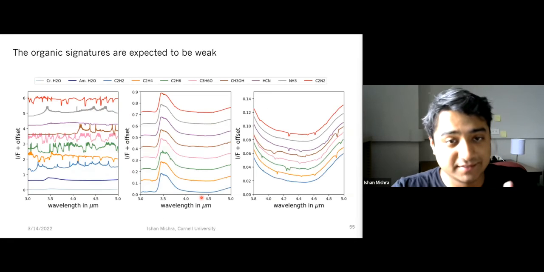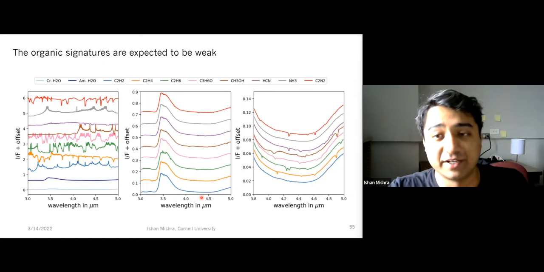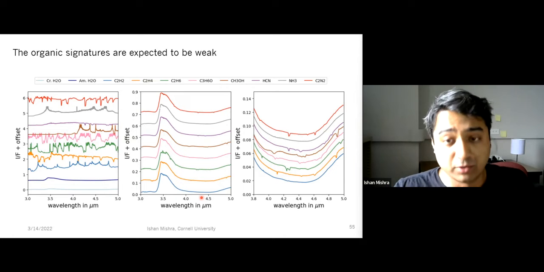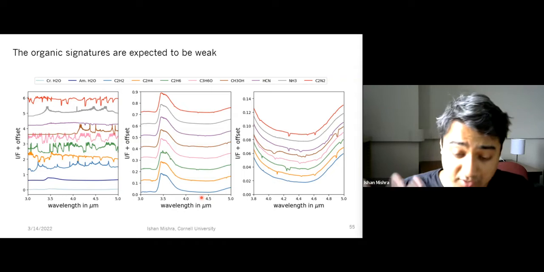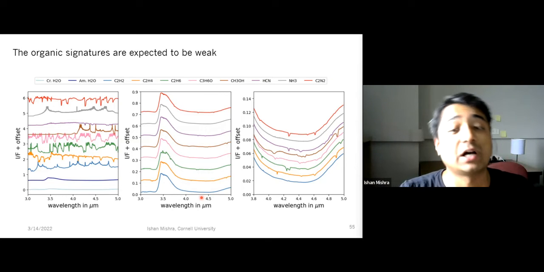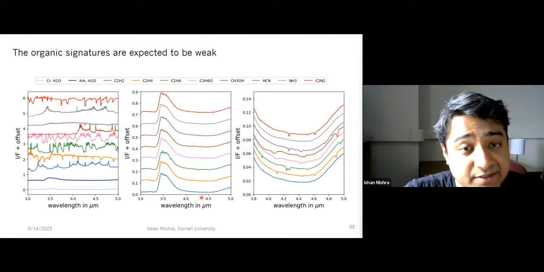Of course, the problem is complicated by the fact that we expect organics to be present in very low amounts, given what we know from Enceladus's ocean's organic content that we have measured in the plumes, and our own oceans, that organics are going to be present in trace amounts.